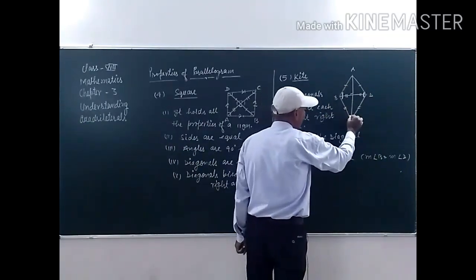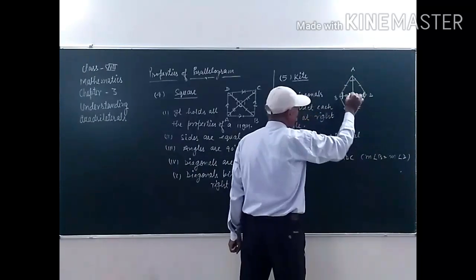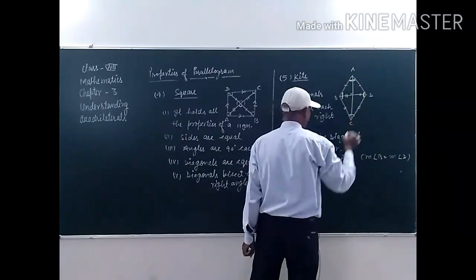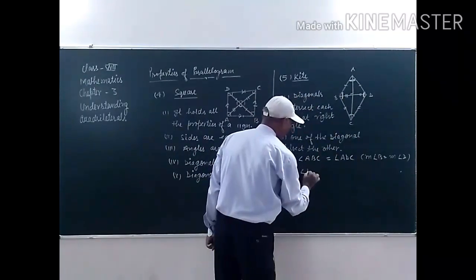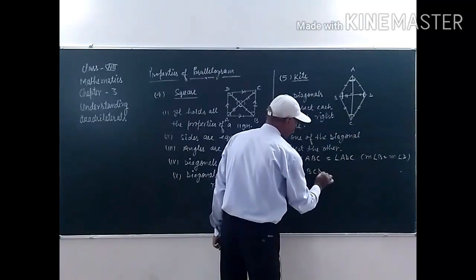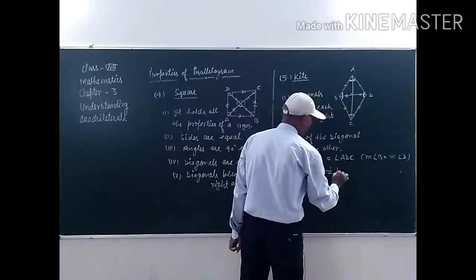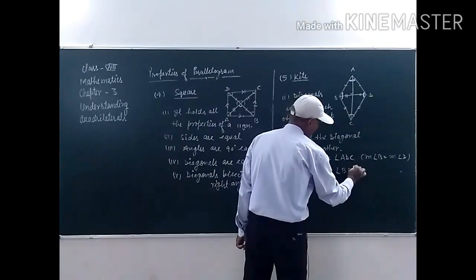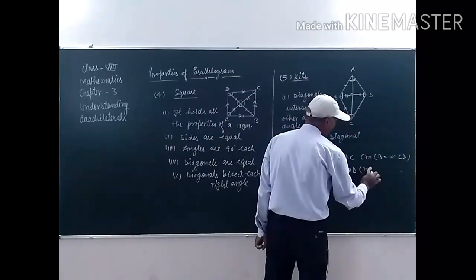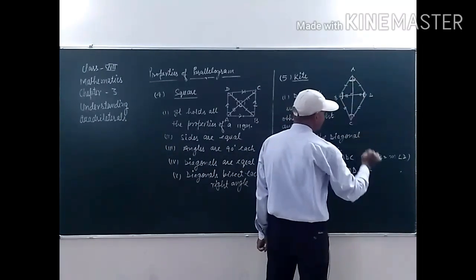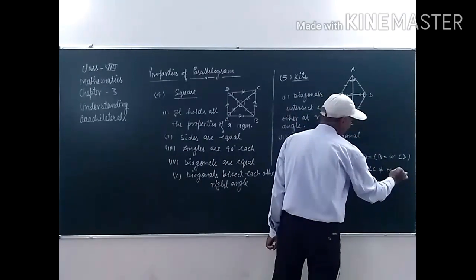But the next pair of angles is not equal, means angle BCD is not equal to angle BAD, or simply we can write measure of angle C is not equal to measure of angle A.